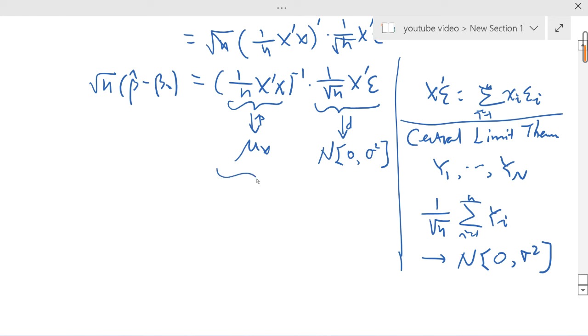Hence, as n approaches infinity, the whole term converges to a normal distribution. So this is the limit distribution of root n times beta hat.